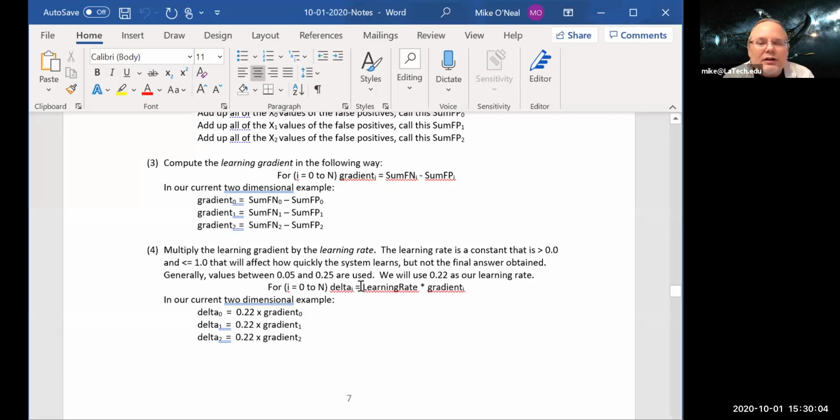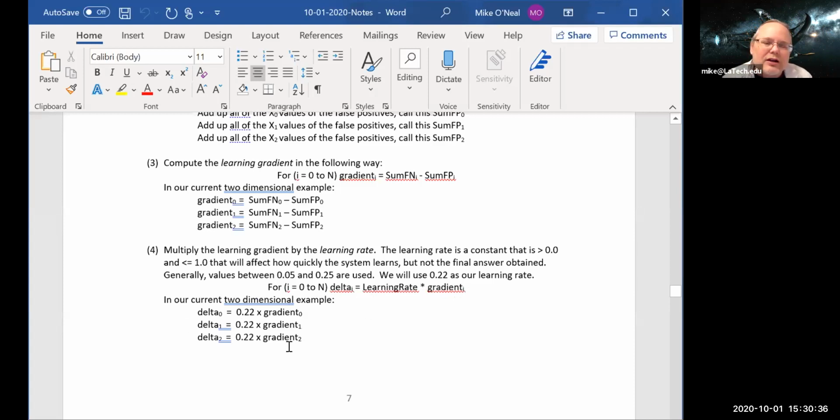And so, how do you multiply the gradient times the scalar? Well, the learning rate's a scalar. You have to multiply it times each of the components, and there's a little bitty j there at the end of the gradient because you're taking the learning rate and multiplying it times gradient 0, and then you're taking the learning rate and multiplying it times gradient 1, and then by gradient 2.